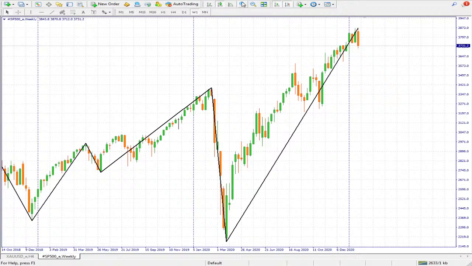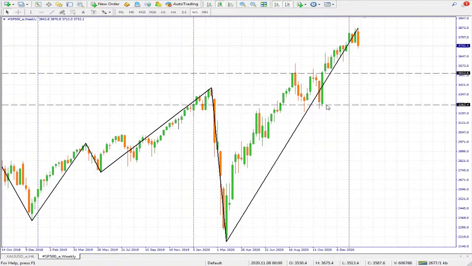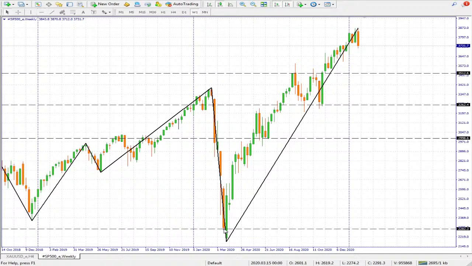Wait for buy positions, especially around these key levels: 3512.6, or 3262.4, or 2998.6, or this level here, 2282.2. So should the price come back to these points, that may give us the correct place to look for a buy from.